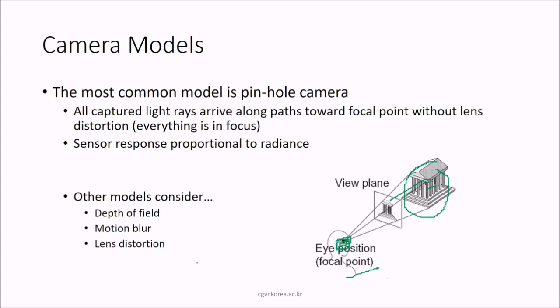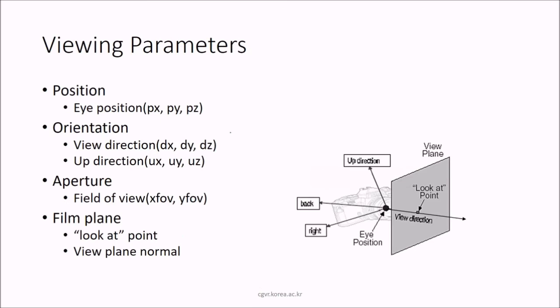There are other models we can also consider, like depth of field and motion blur, and lens distortion can be there. These are the viewing parameters. First is your position, that is your eye position, given by Px, Py, Pz. Then we have orientation, that is the view direction and up direction.